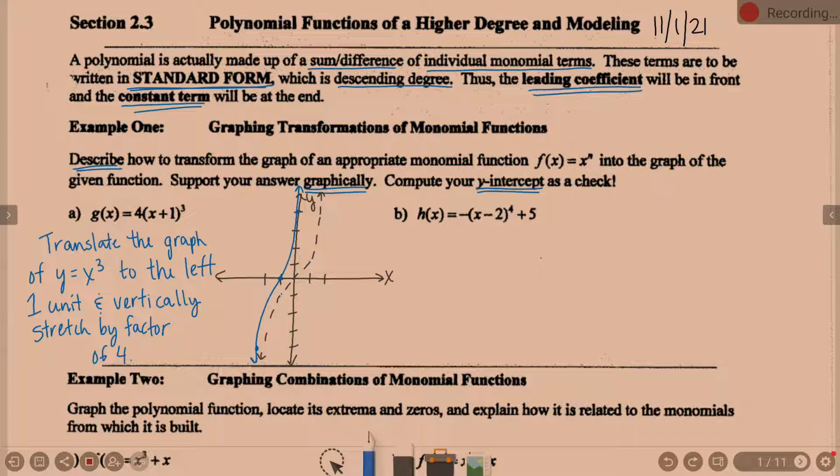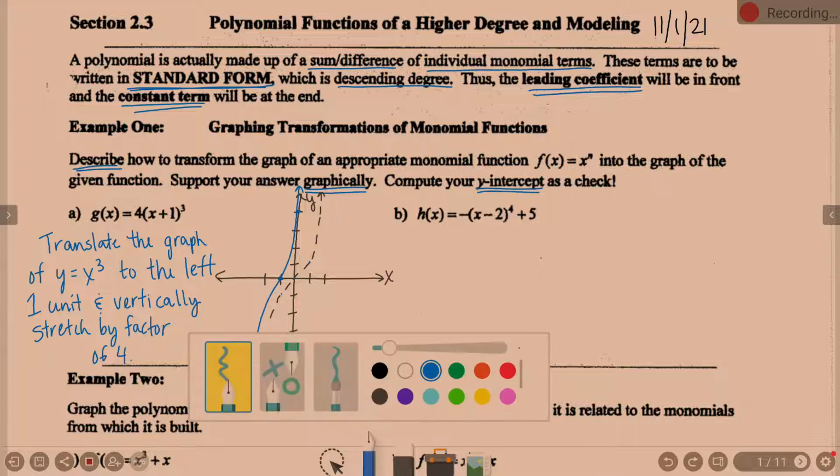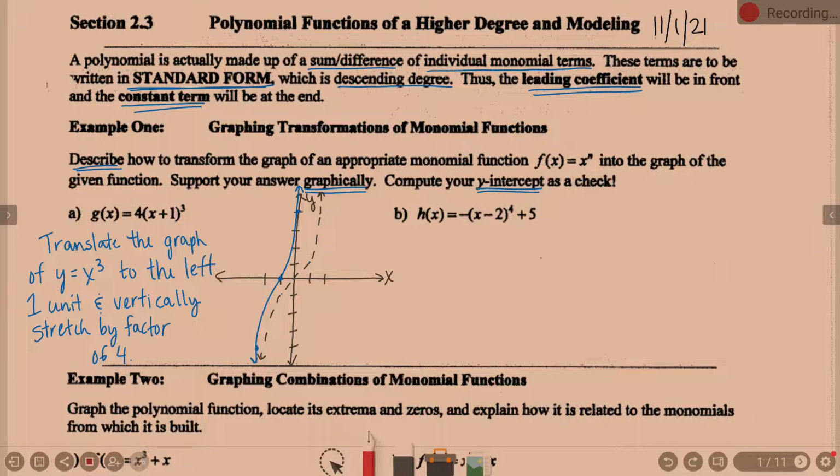As you grab your calculator and graph, real quick, wait before you graph. What is a quick, easy way? It said to check using or compute your y-intercept as a check. How do I do y-intercept? In order to find the y-intercept, what's my x value? 0, yes? So that check right there would be finding g of 0.